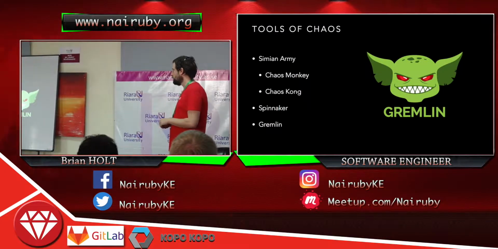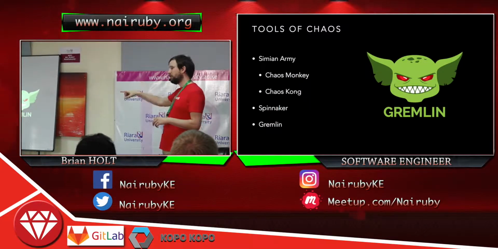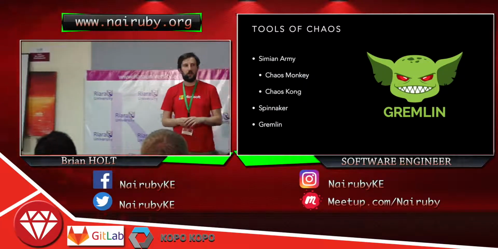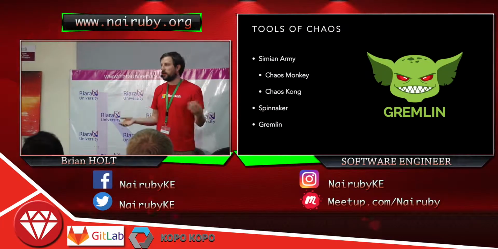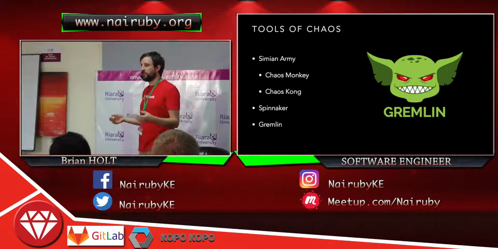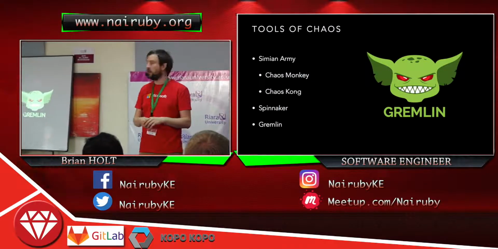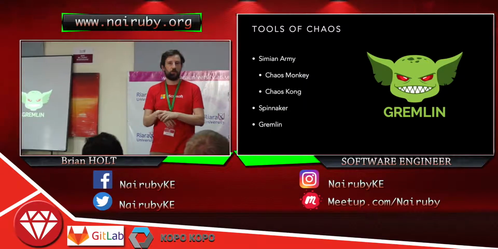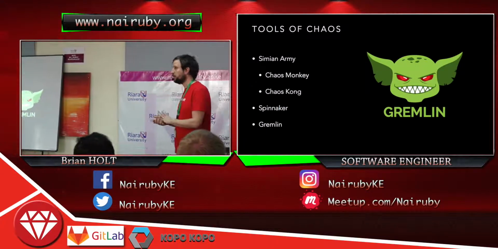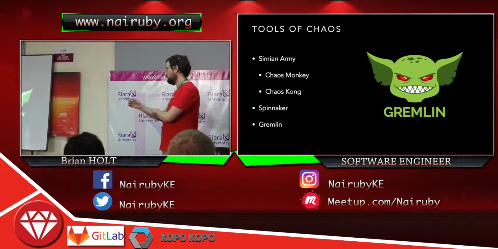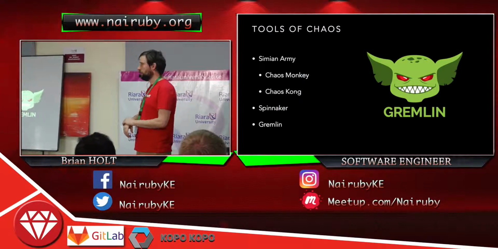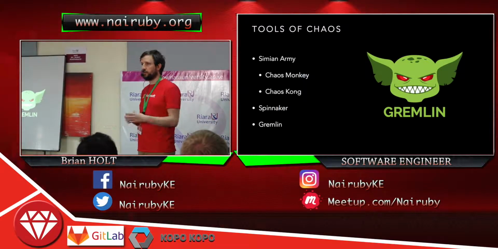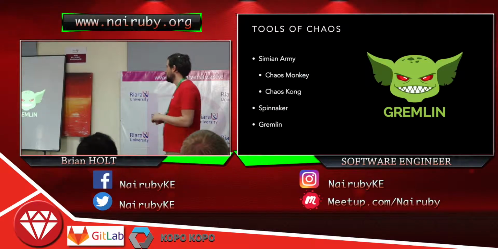Spinnaker is a tool for monitoring all of your infrastructure and seeing the topography. And now Chaos Monkey is built directly into Spinnaker, so you can do chaos experiments directly from your deployment tool, which is open source, and it works on any cloud. So also be sure to check out Spinnaker.